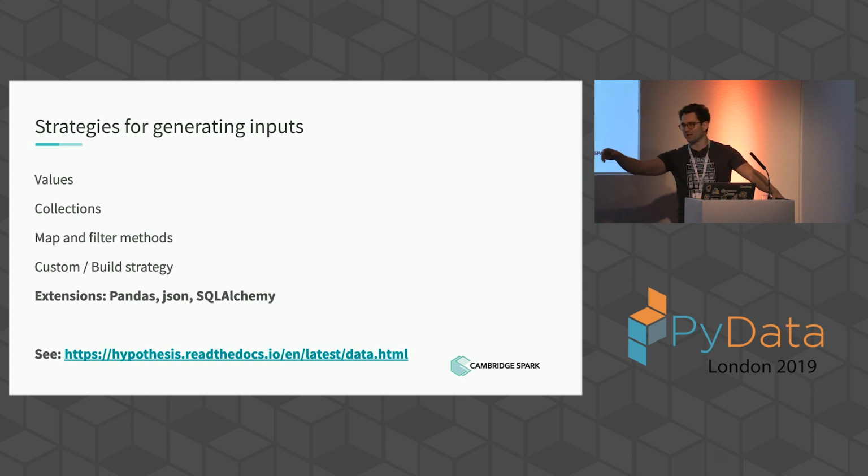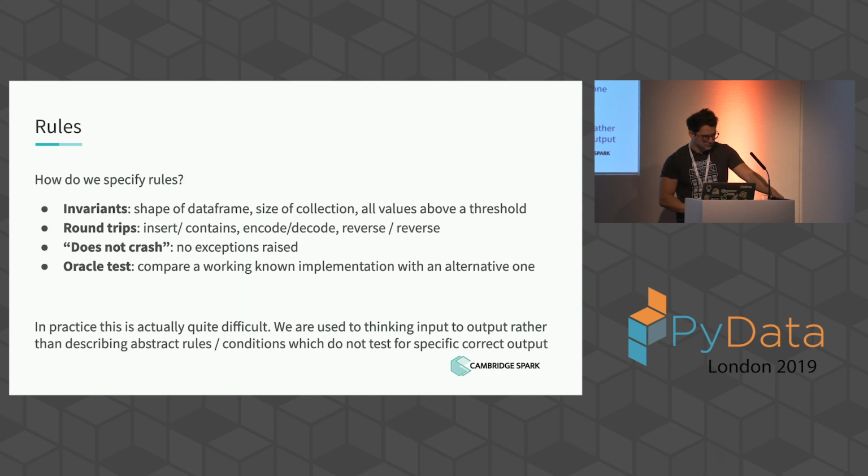The huge problem that is left is, how do we specify properties, right? Because conceptually, that's difficult. So here's what the community has come up with when it comes to specifying properties. You can specify things like invariants.